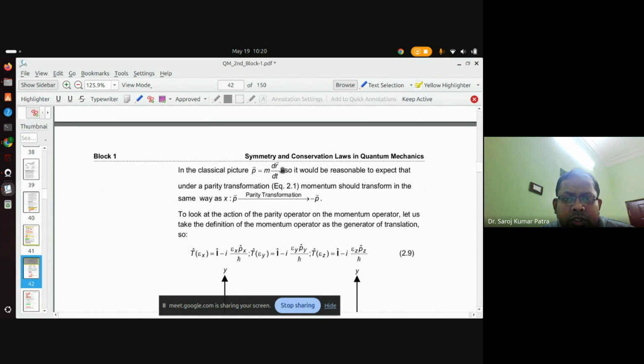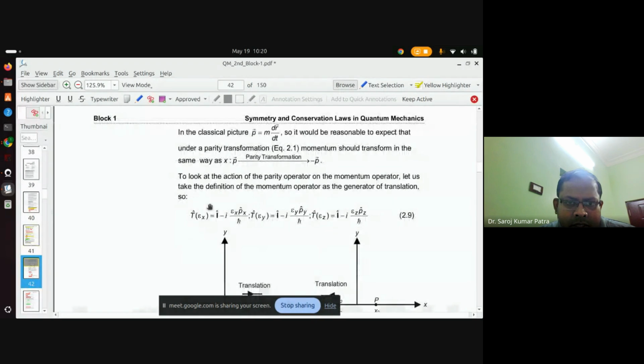If position is going from x y z to minus x minus y minus z, and mass is not changing, then your velocity will also be moving in the negative direction. So p will basically become minus p.